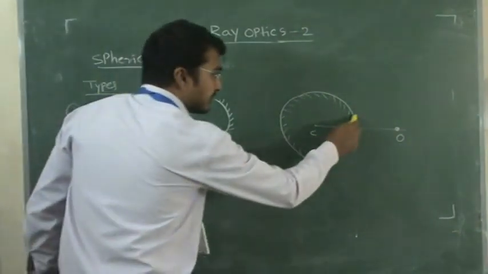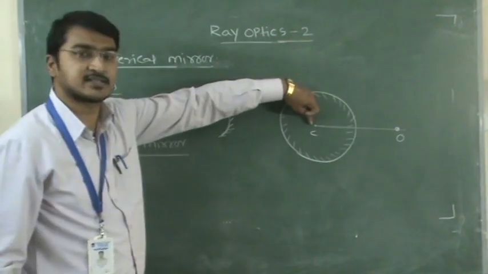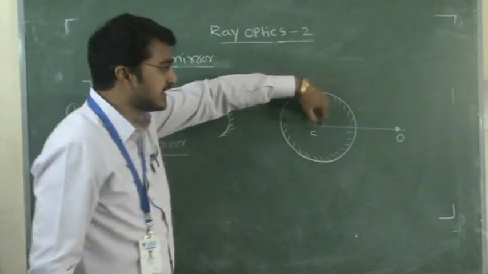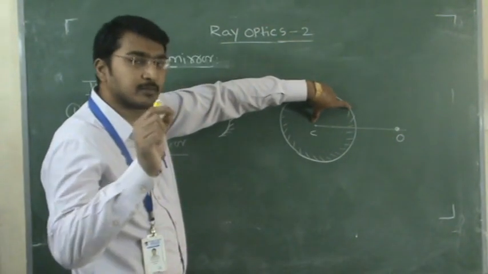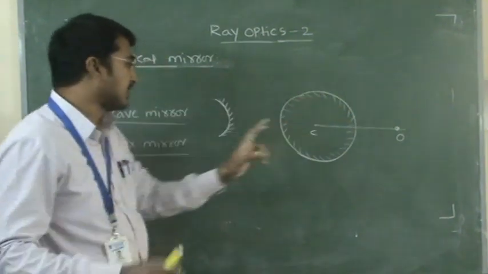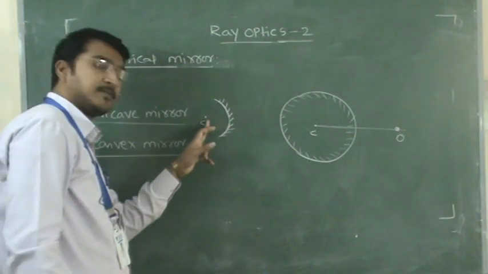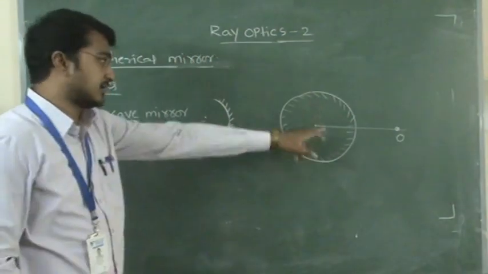Now see the definition here. The reflecting surface is not towards the center of the sphere. The reflecting surface is away from C, away from the center of the sphere. Got it? Here C will be inside, that is, towards the reflecting surface. Here C is away from the reflecting surface.